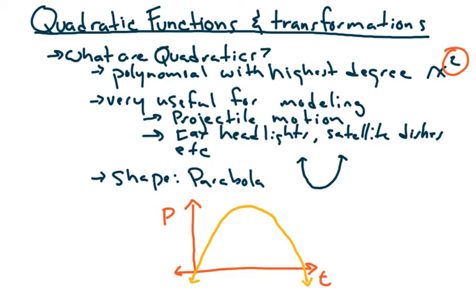So what you can do is model the position of something that you throw in the air, something that you throw off a building, in terms of time, with a parabola, okay? Say I throw a ball off the roof of a building, and I want to know what the position of that ball is at time 2 seconds, a parabola will give me that answer, okay? So it's very big with projectile motion.